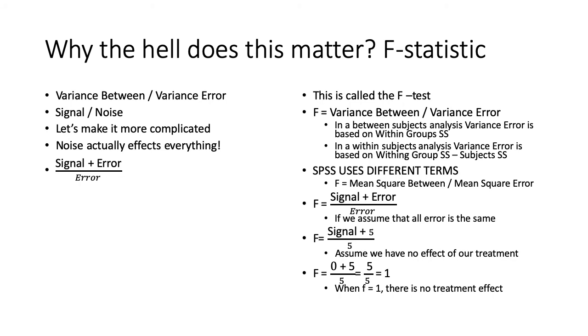Now, what does that mean conceptually? Well, variance between we got by examining the variation between our condition means, so the condition means are our estimate of signal. Variance error in a between subjects design was just the variance within each of those conditions with those means.